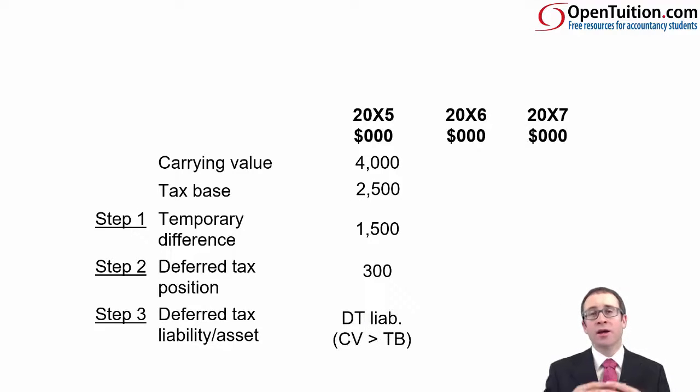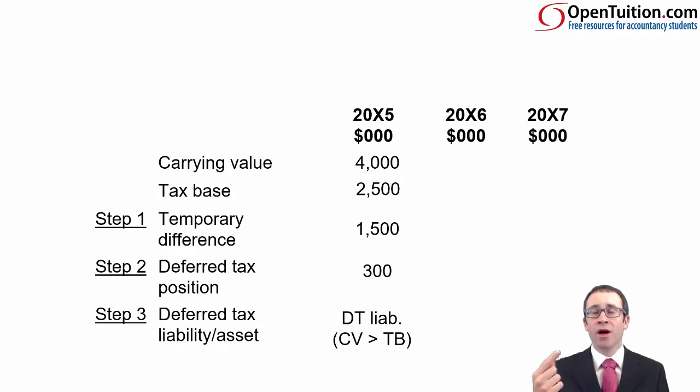And the reason why is because the carrying value is greater than the tax base. The reason why that is a liability is because we've claimed much more capital allowances earlier in the asset's life, haven't we? So if we claim more capital allowances early, there will be less to claim later on.